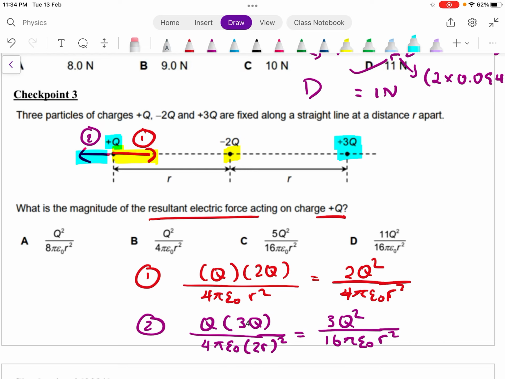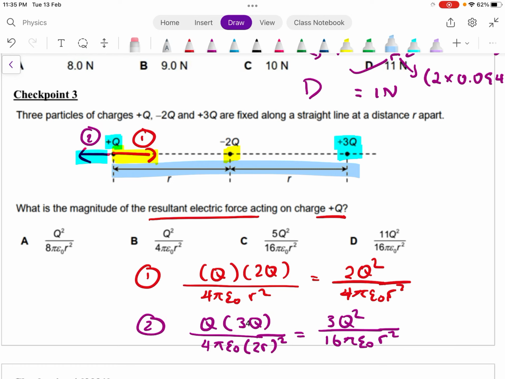Let's calculate force number 1 in terms of all the parameters. Force number 1 is q times 2q divided by 4 pi epsilon r square, so you get 2q square over 4 pi epsilon r square. What about force number 2? Force number 2 is q times 3q, and don't forget to divide by 4 pi epsilon times the distance between the positive q and the positive 3q.